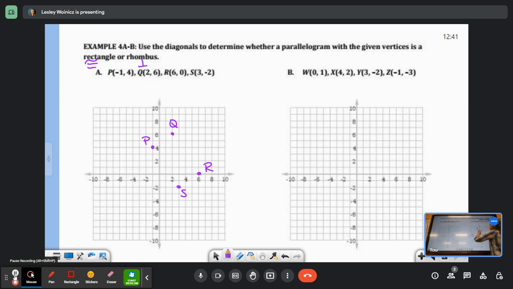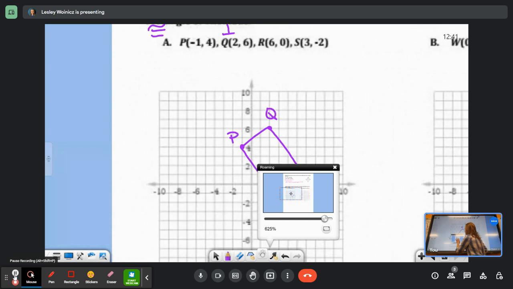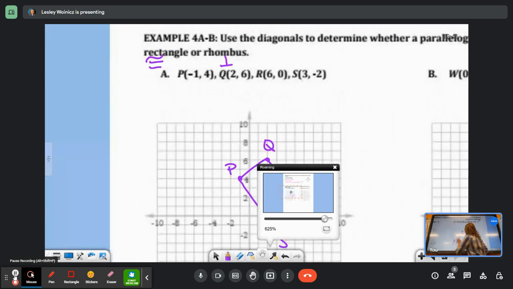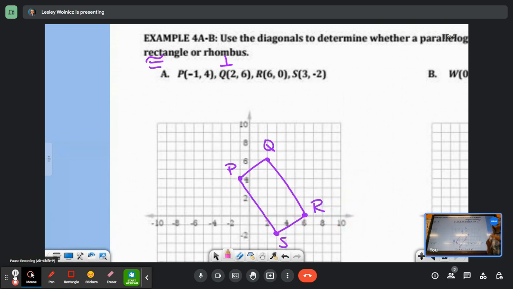So we are looking for, are these diagonals congruent or perpendicular? Maybe both. If it's both, it's a square.